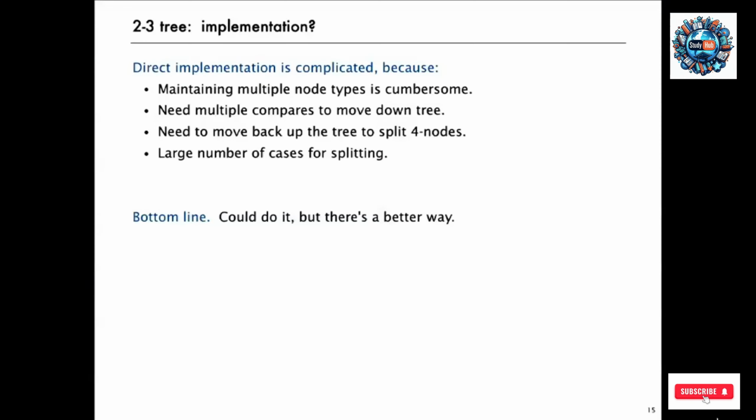We have to keep track of links as we go up and down the tree to handle the splitting, and there's a lot of cases. I drew all the cases, and there's whether you're splitting into the middle of a 4-node or the right of a 2-node, there's just a lot of cases. So you could do it, but we're not going to because there's a much easier way. So that's 2-3 trees, a model for implementing balanced trees and guaranteed logarithmic time.